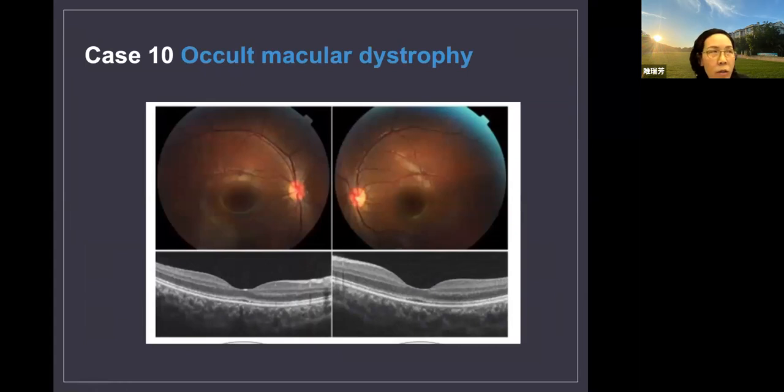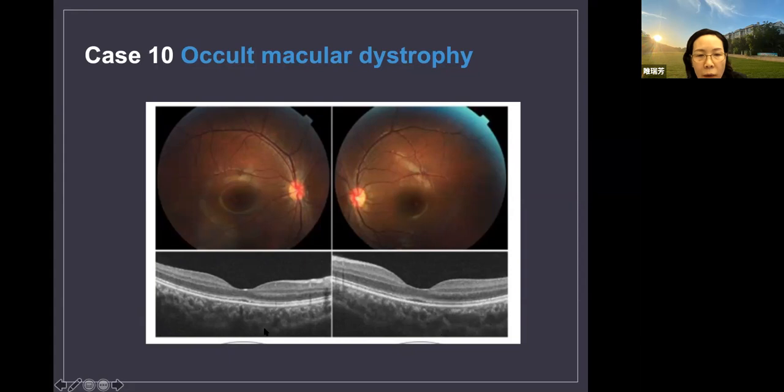Occult macular dystrophy is also a very tricky disorder because they have a normal looking retina but decreased central vision. If we record ERG, the flash ERG is normal. When Dr. Miyake reported occult macular dystrophy at that time, we did not have OCT at all.